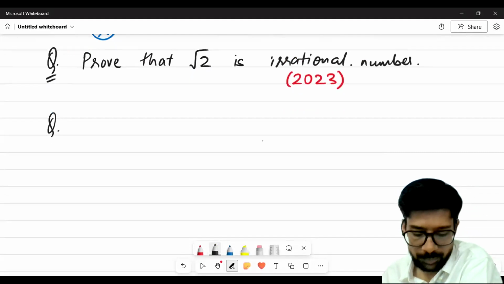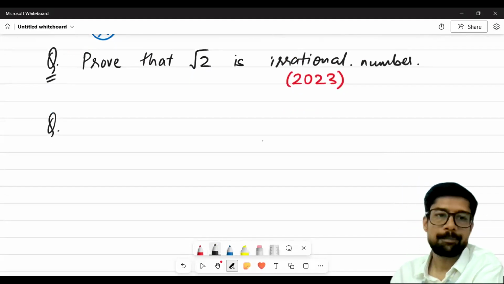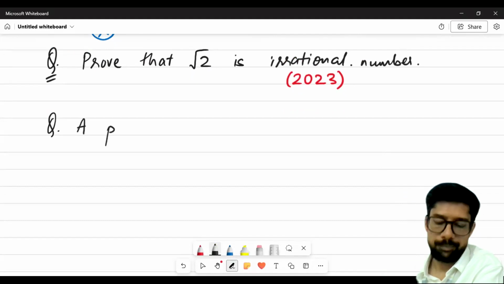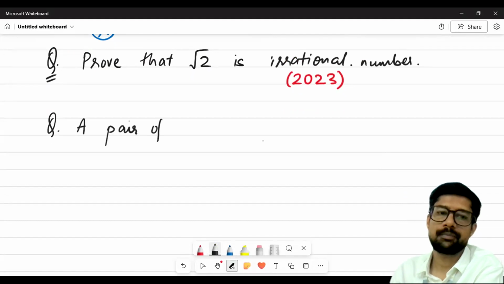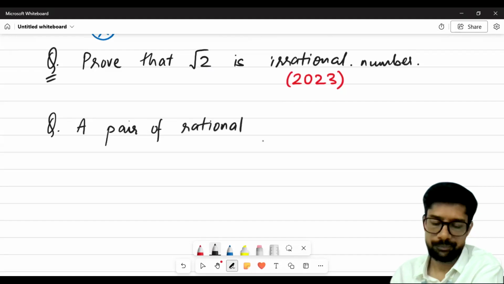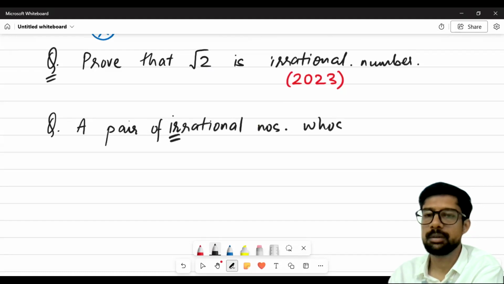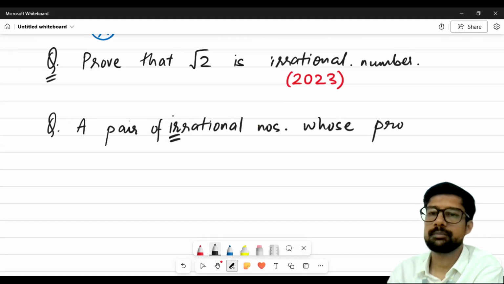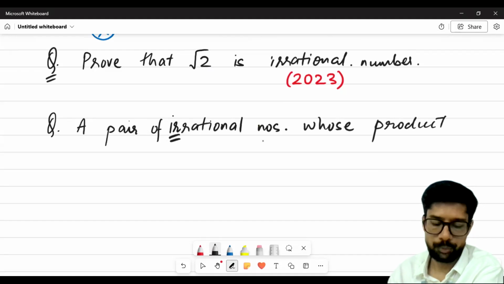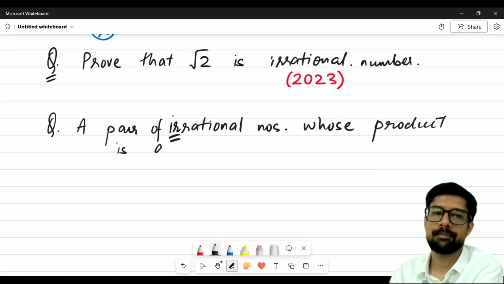Okay. Now this one is the planning thing. Next one. A pair of irrational numbers. Do rectify that. Whose product is a rational number.